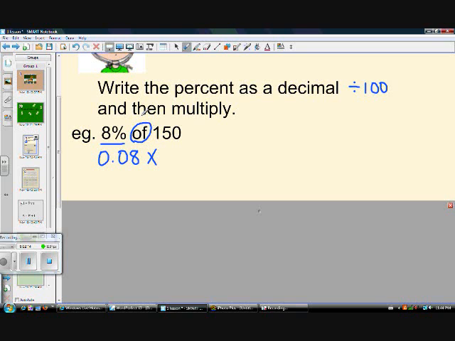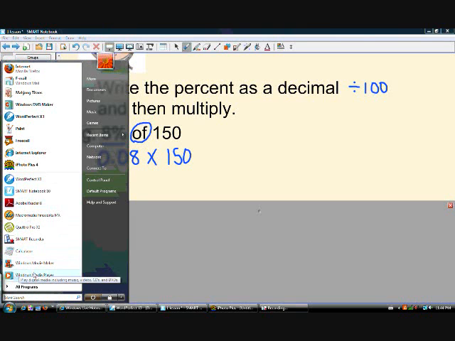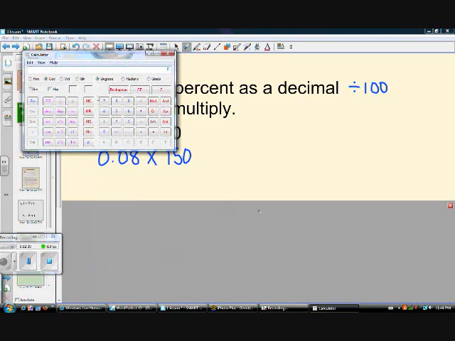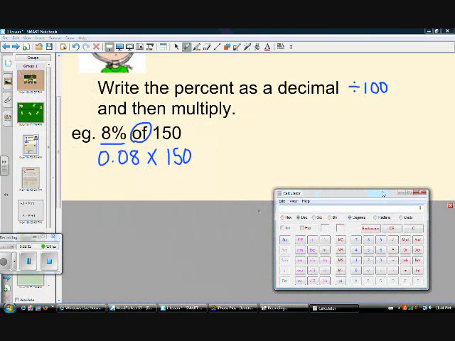So we're going to multiply by 150. And we would take our calculator, which I do not have with me, so I'm going to have to grab one. Here we go. Here's my little scientific one. So I'm going to go decimal 0.08 times 150 equals 12.